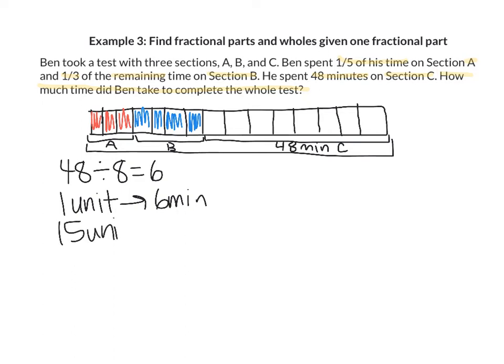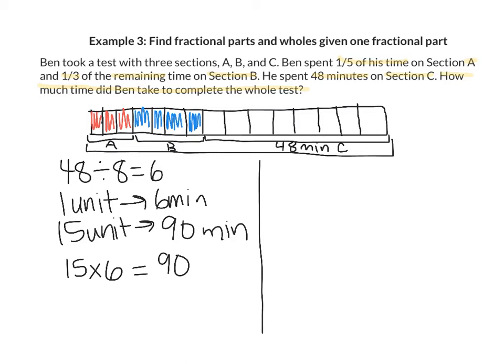So we can multiply 15 times 6 to figure out how much time 15 units is equal to. When we multiply 15 times 6, we get an answer of 90. And so that means that it took Ben 90 minutes to complete the whole test.